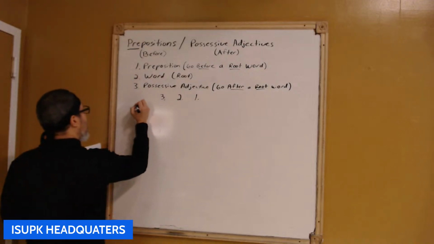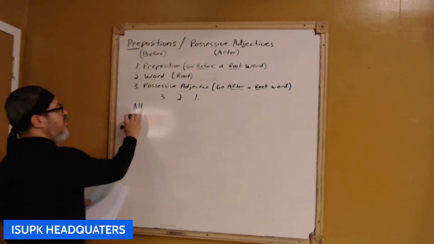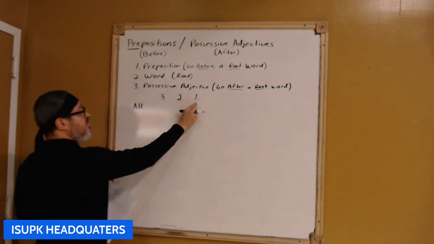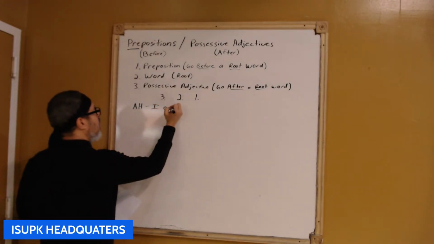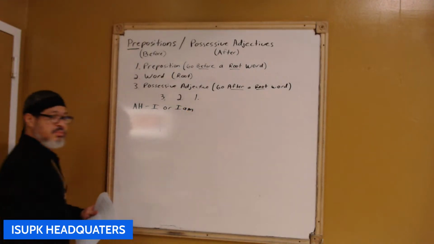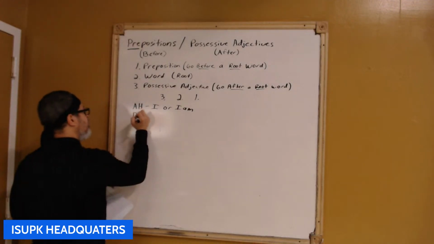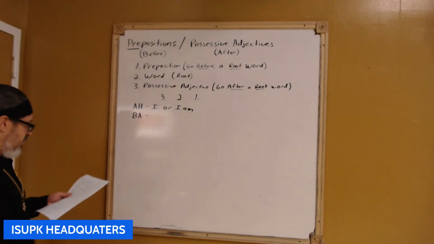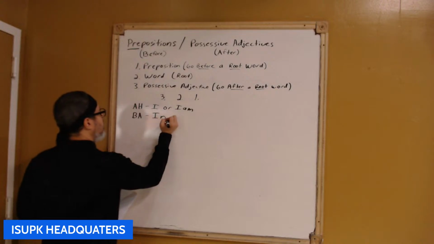So we're going to do a. If you see the a character in front, it's equal to I or I am. Then you have the ba. If you see a ba sound in front of a word, it could mean in.